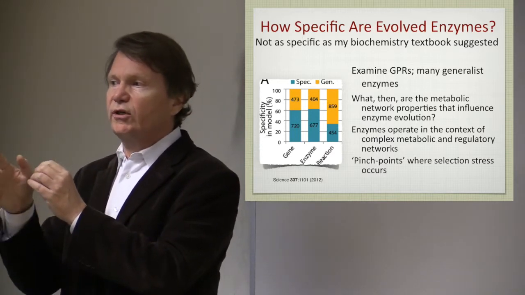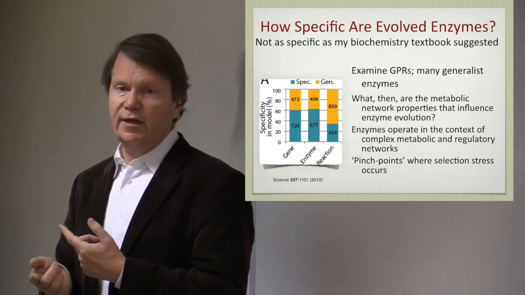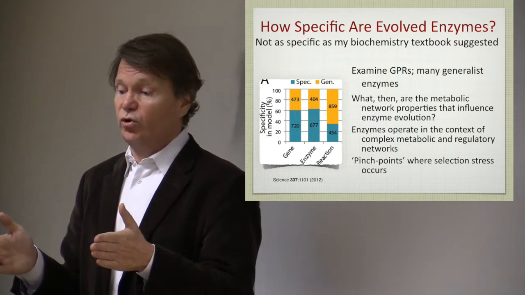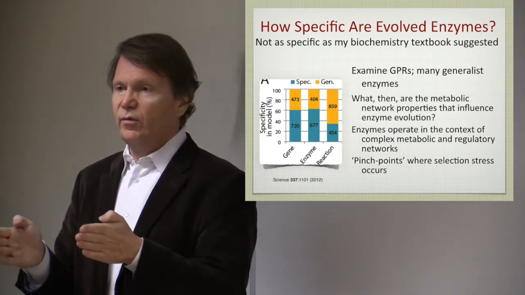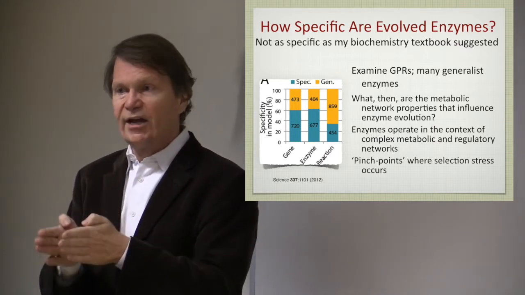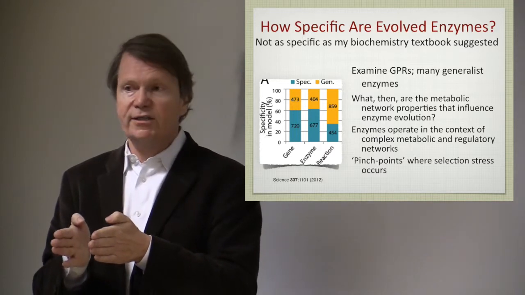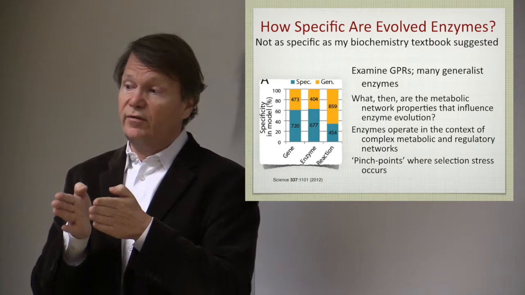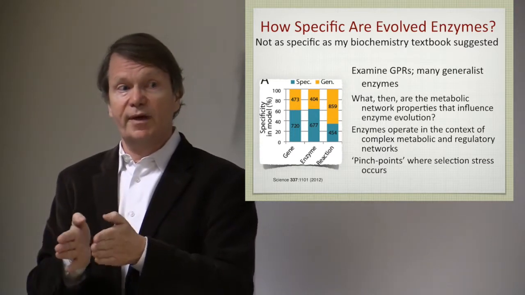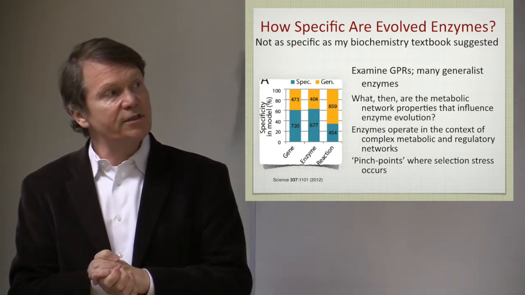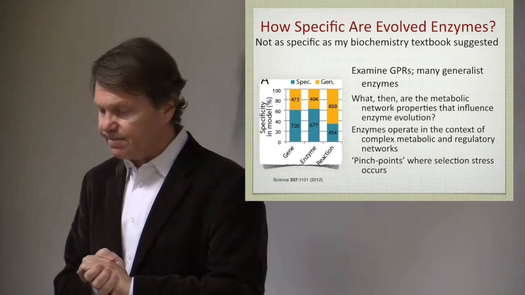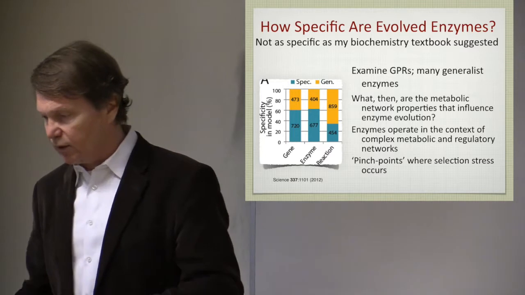Every enzyme has a certain turnover rate, and a promiscuous enzyme will have to share that turnover rate between many reactions, whereas a specific enzyme uses the entire catalytic potential of an enzyme to catalyze a single reaction. If the flux through that reaction represents a selection pressure, you would expect that enzyme to become very specific and highly efficient. And that's what this study concluded.